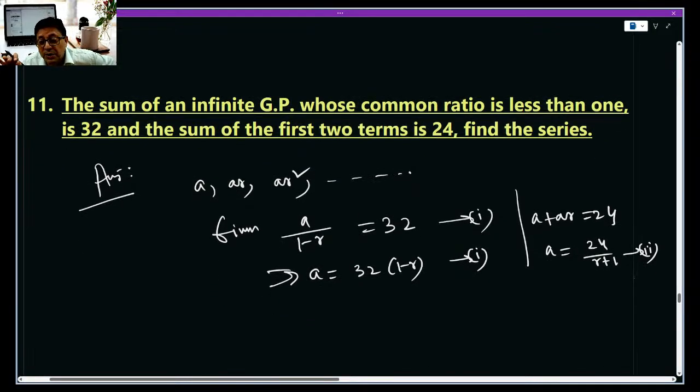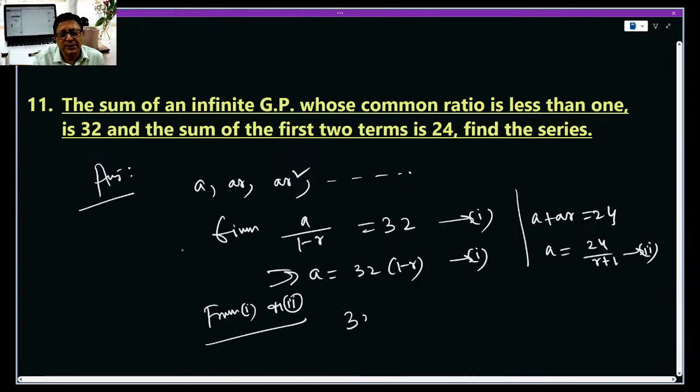This series can be obtained if you can eliminate a from these two. How to eliminate? We are comparing a from 1 and 2. What do you get? 32(1 minus r) equals 24 by (1 plus r), so cross multiply: 8 times 4 is 32, 8 times 3 is 24.